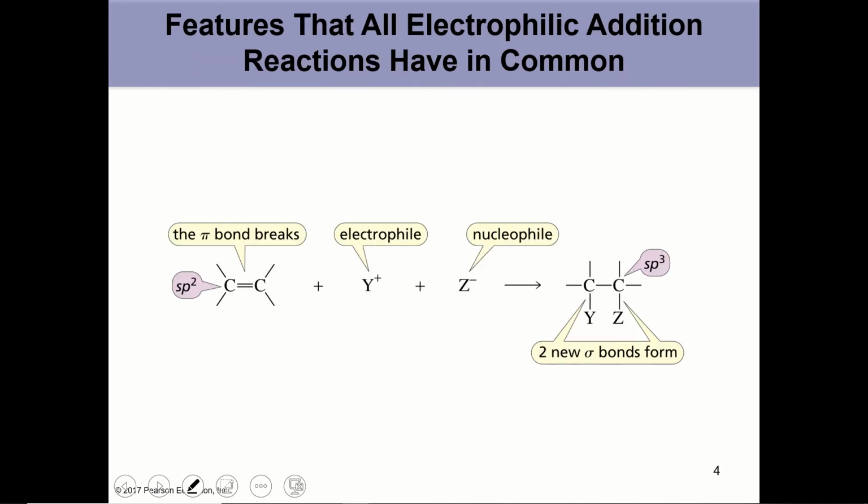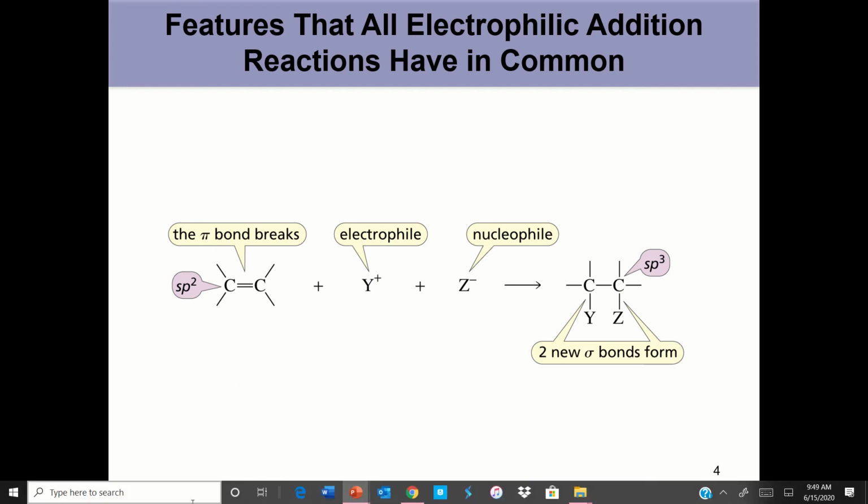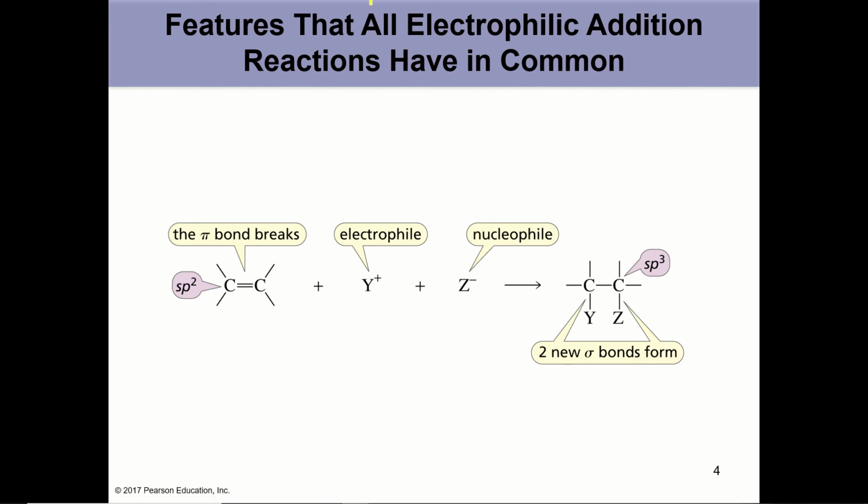Features that all electrophilic addition reactions have in common. They all have a pi bond that breaks. They all have an electrophile, and they all have a second nucleophile.